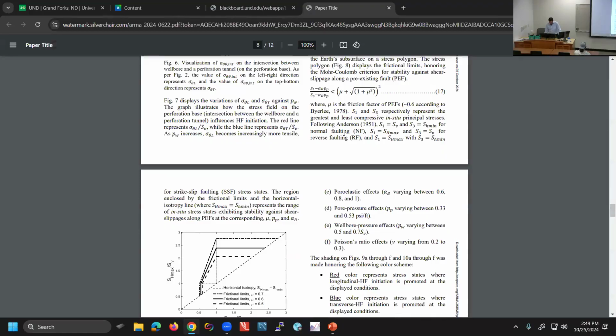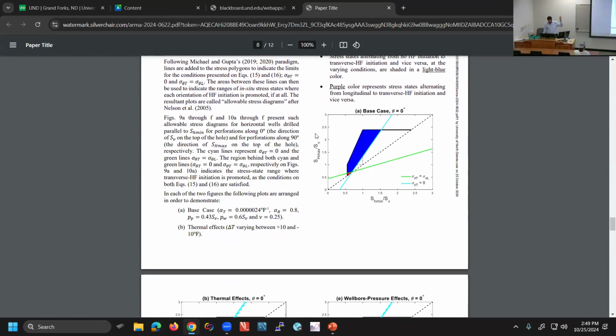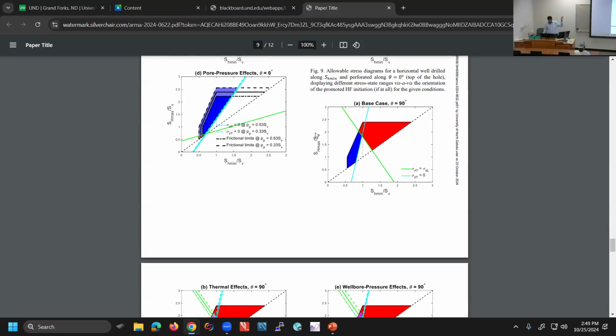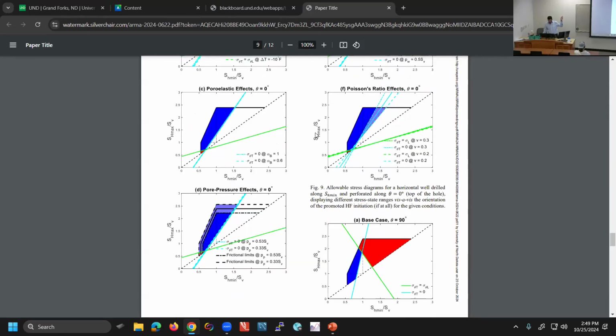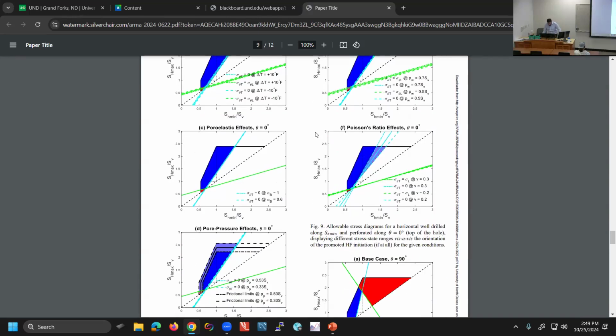Okay, this is the impact of mu. The dotted line is small mu, the solid line is 0.6, and 0.7 is the dash-dotted line. So mu increases. If mu increases, the polygon increases. Okay. Don't worry about the colors.